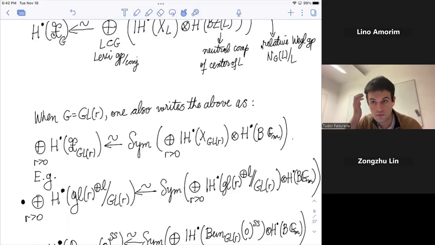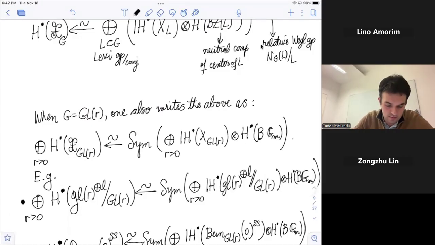Is the isomorphism purely as a graded vector space, because on the right-hand side you don't have an algebra structure? So the isomorphism is as a graded vector space, and the grading is by R, so it's just N, so this is R times Z, the cohomological grading.